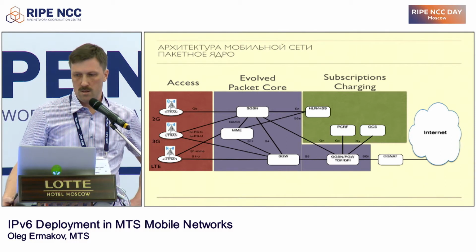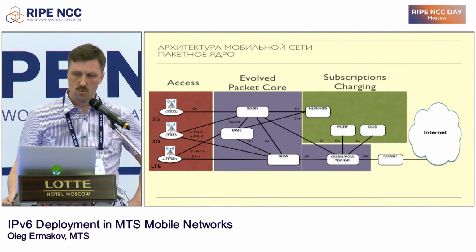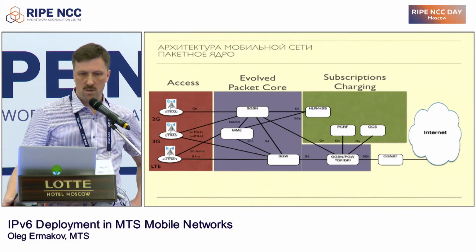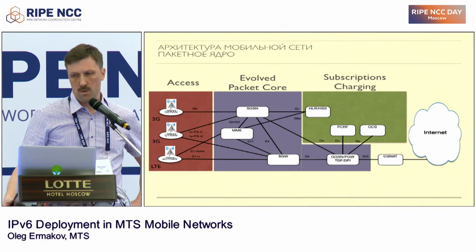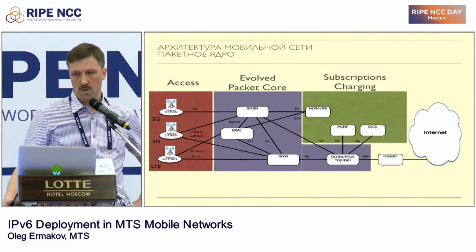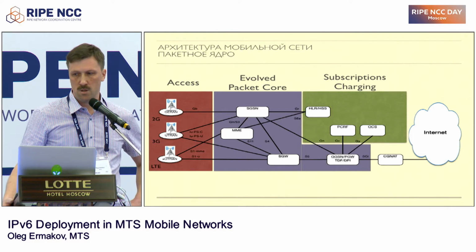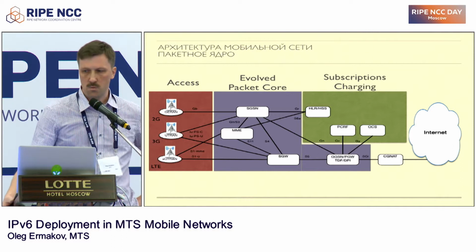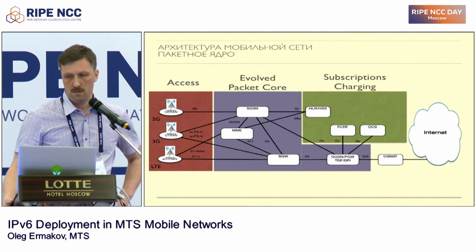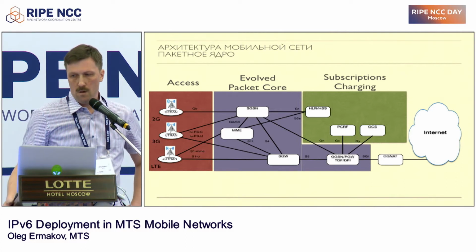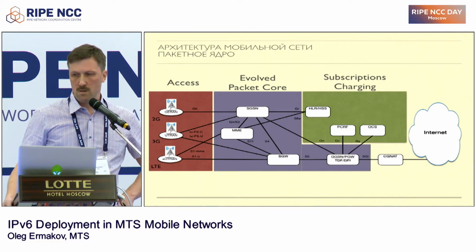The next box is PCRF, policy control function. It also contains a profile of a subscriber, but in a different dimension. This particular box knows to which internet services the subscriber subscribed. Say a free messenger. PCRF will know about it, and PCRF will decide what to do with that particular traffic at this gate.